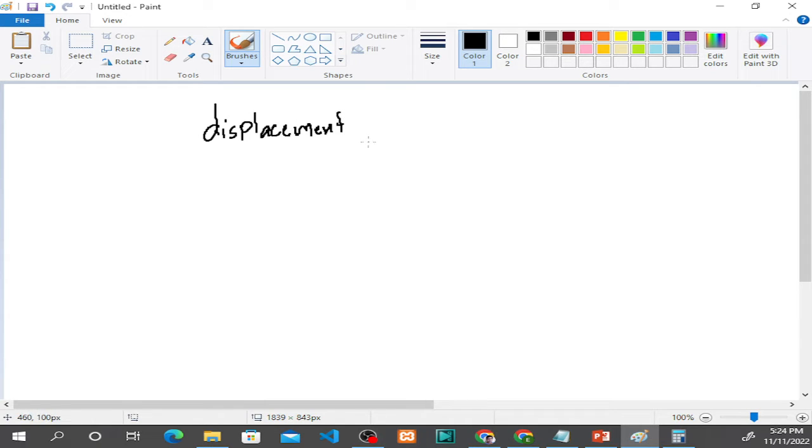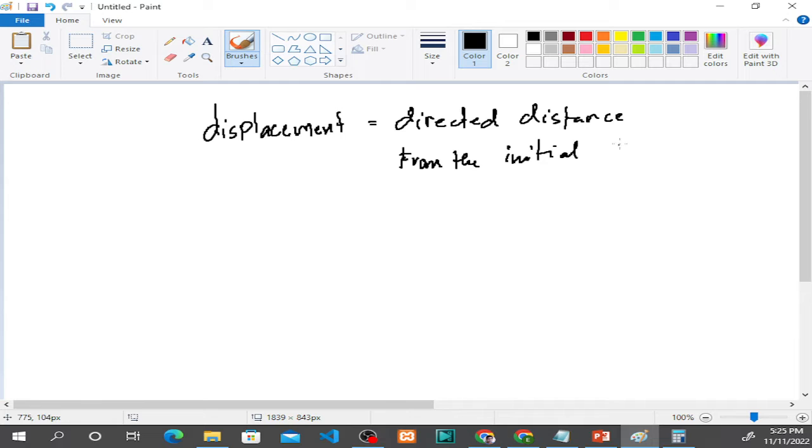So when we say displacement, this has something to do with motion. To fully describe the motion of an object, we need the concept of displacement. Displacement is defined as a directed distance from the initial to final position.